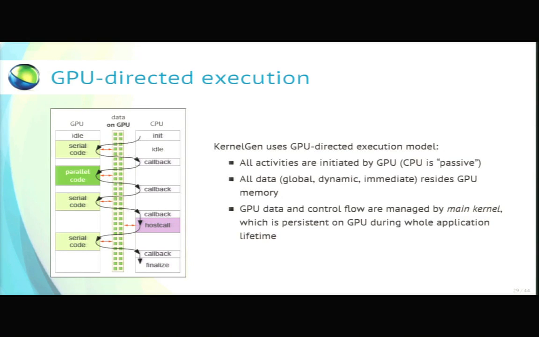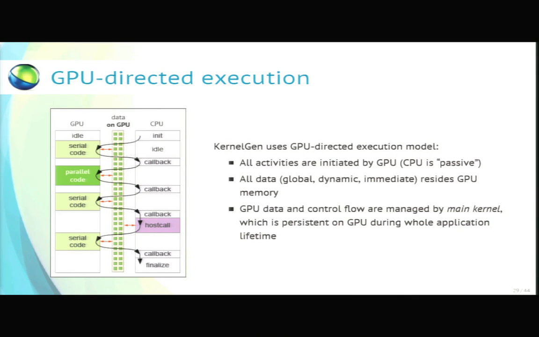This kernel is responsible for data consistency between different kernel launches, and it tracks all the activities. So theoretically, the CPU is mostly free, and you can shadow another part of the MPI job on the CPU, except those parts of the code that can't be technically ported to the GPU or are not efficient on the GPU.